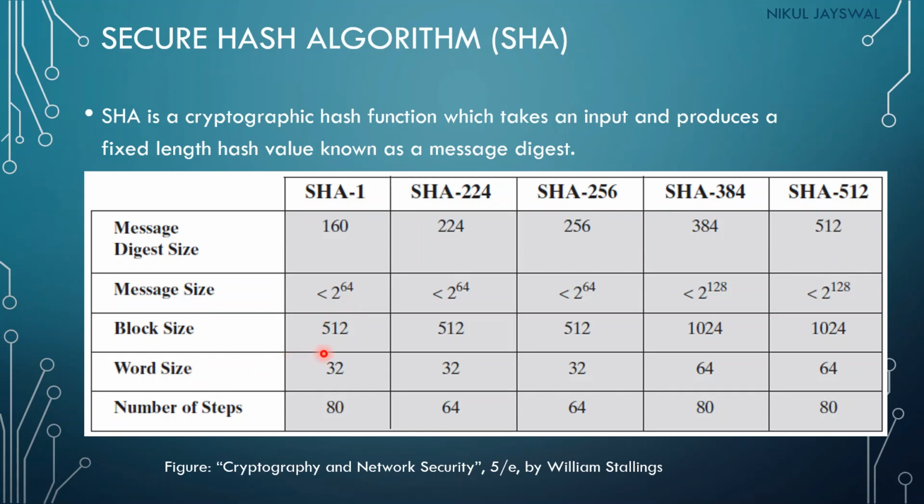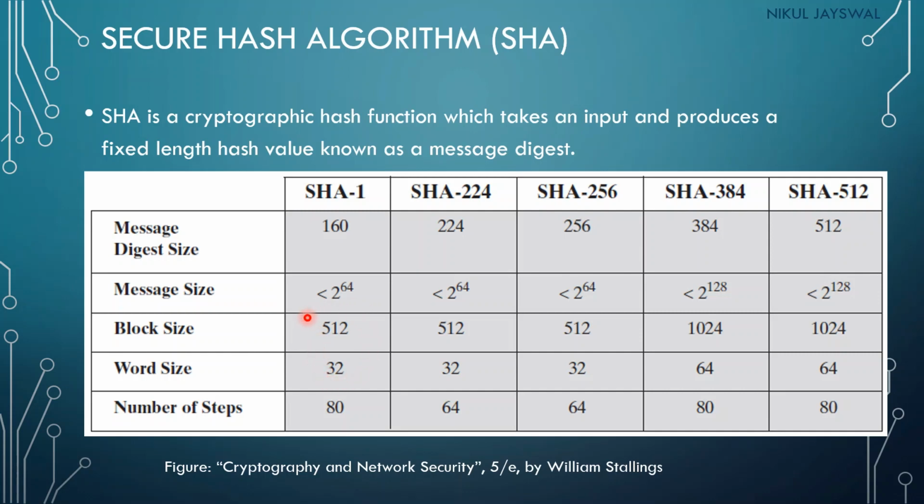Then the block size will be 512 bit. So this message will be divided into blocks of 512 bit. There will be several blocks of 512 bits. Clear? Normally the function of the algorithm will take 512 bits as an input at one time. Now next is the word size.